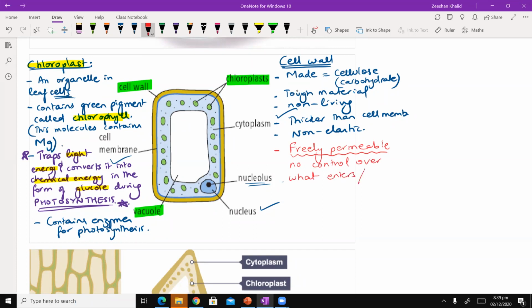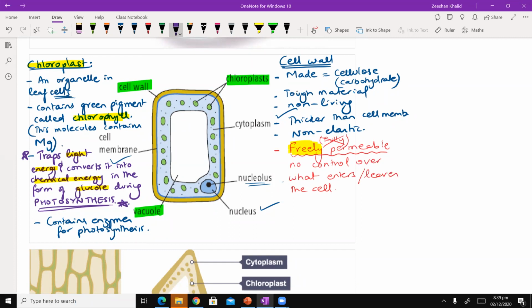Most students would rather call this fully permeable. That's not a good word. The correct word is freely permeable. I'm highlighting that for you just so that you can understand the importance of that.